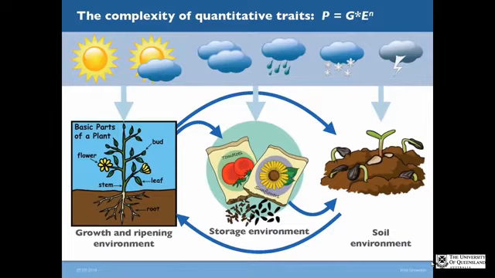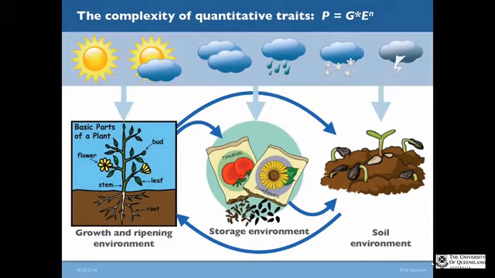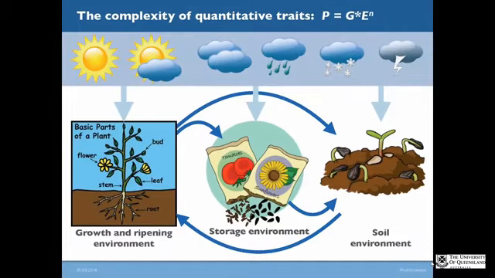Again, then you have a storage environment. So depending on the quality of the seed, you may have a different capacity to be stored for a certain amount of time. The temperature and the conditions at which you store also influence its capacity to germinate and so on. And I think you're getting the idea. All of these things interact and give you an extremely complex genotype by environment interaction which influences the way that any given seed will germinate in any given environment.